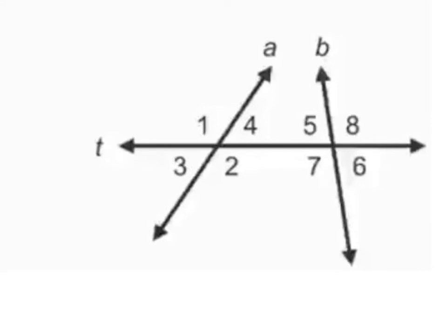I've got angles 1, 2, 3, and 4. If I'm talking about vertical angles, these are angles that are going to be across from each other. So angle 1 and angle 2 are going to be vertical angles. They're directly across from each other. They're not next to each other. And also, you have angles 3 and 4.